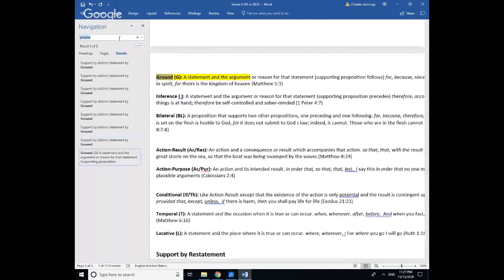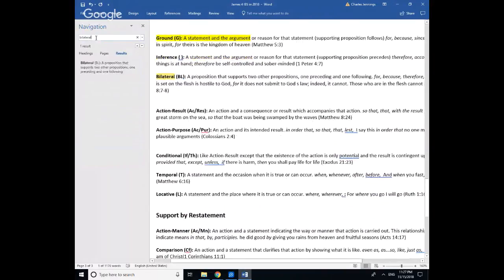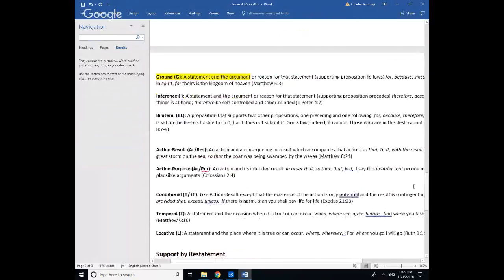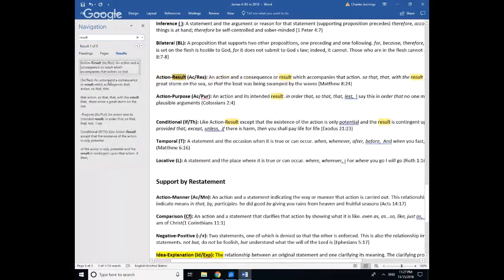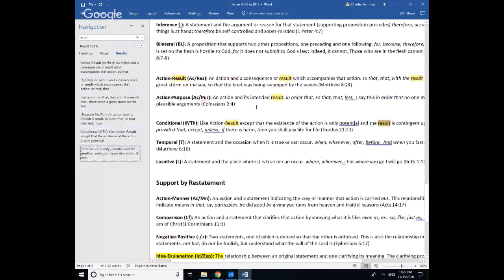Okay, so let's do inference. No inferences. Bilateral, I don't think you're singing. No bilateral. Okay. So we're doing action result. So let's just type in result. No, that doesn't count. That's all from the same thing. So no action result.